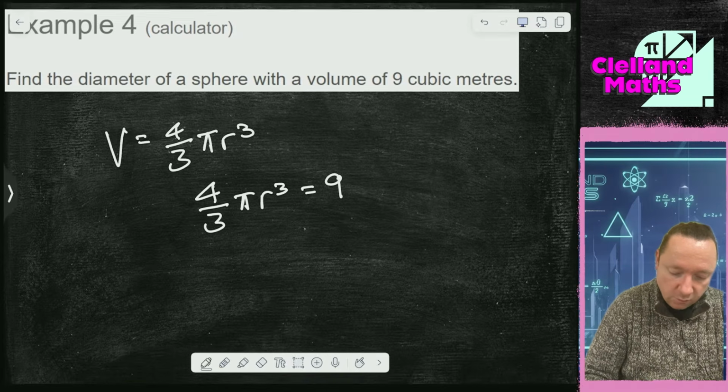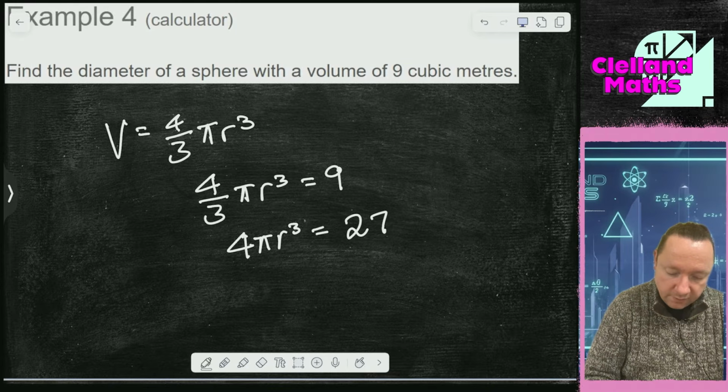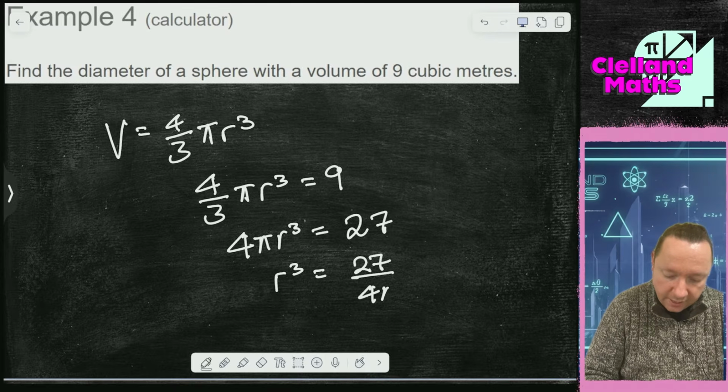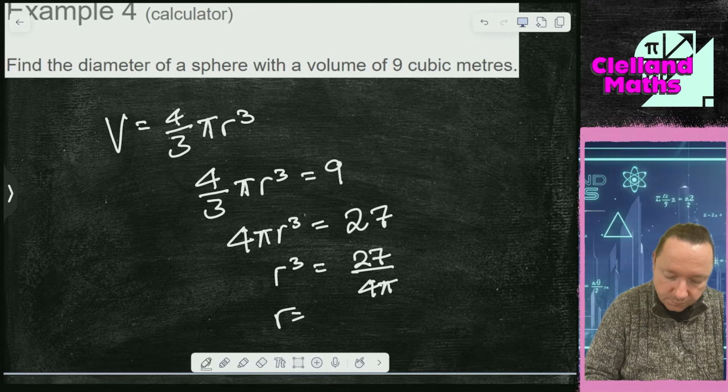So we've got an equation to solve. Times by 3 to start with. 4πr³ then equals 9 times 3, which is 27. So I can work out r³. That's 27 divided by the whole of 4 pi, and that means that r is the cube root of that.